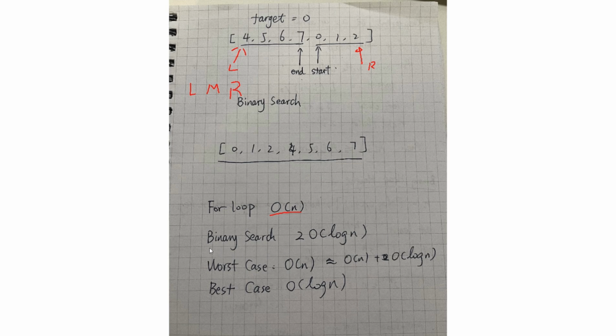We conduct binary search two times, and every time it runs in log n, so that will be 2 times log n. For the worst case, where the input array is not rotated, we check every number and conduct binary search one time. So that will be O(n) time.